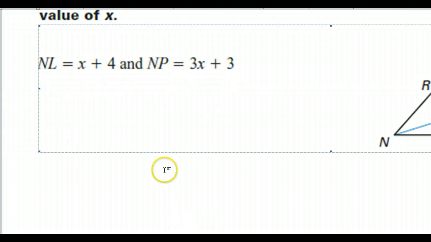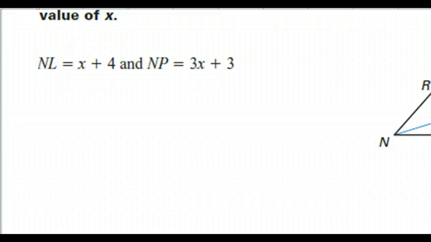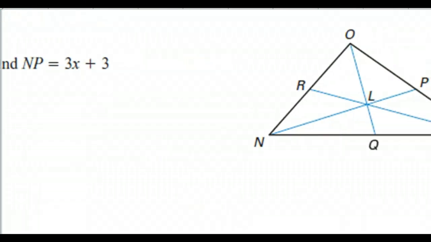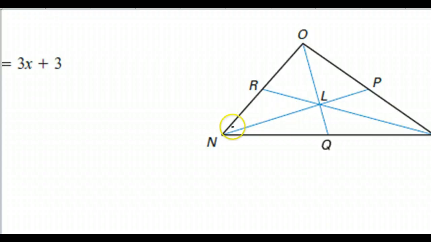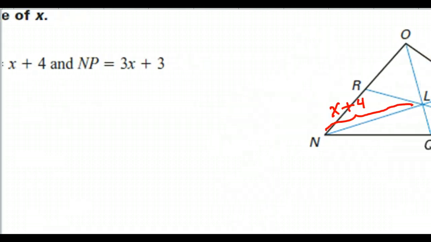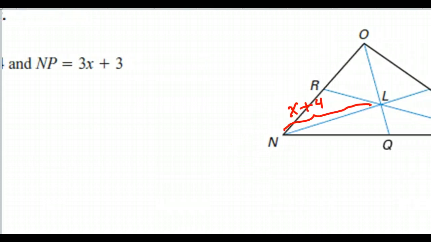Let's slide over to the picture and label what we've got. Okay, NL is x plus 4. Okay, so that's this right here. NL is x plus 4. And then NP is 3x plus 3.